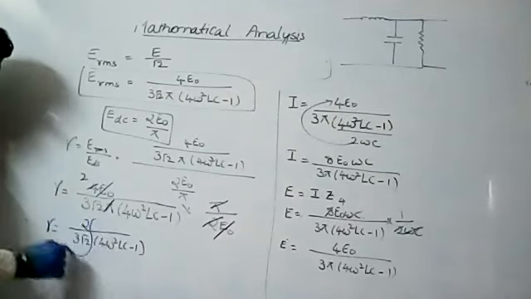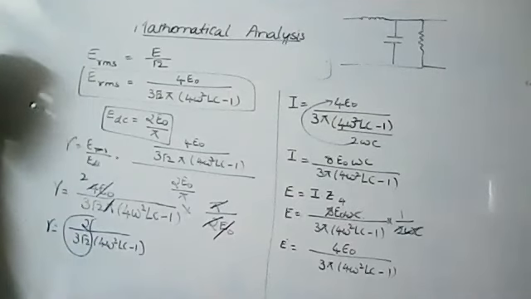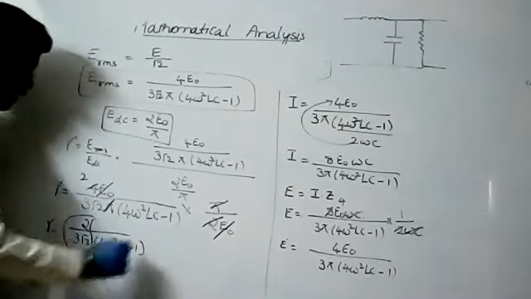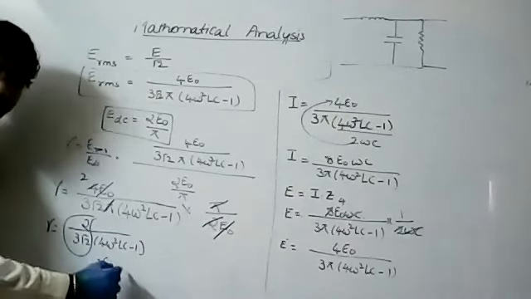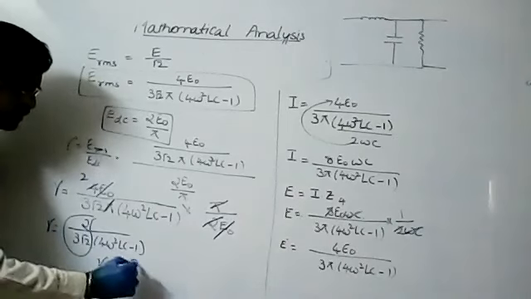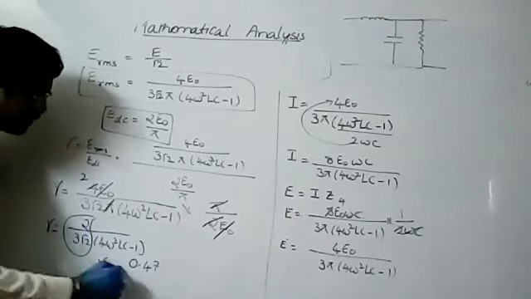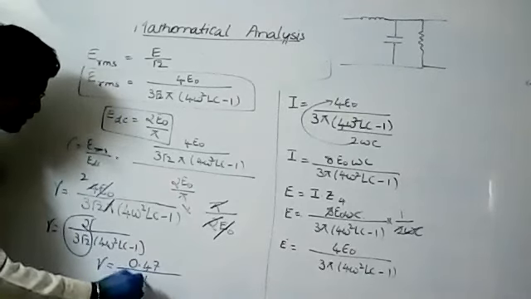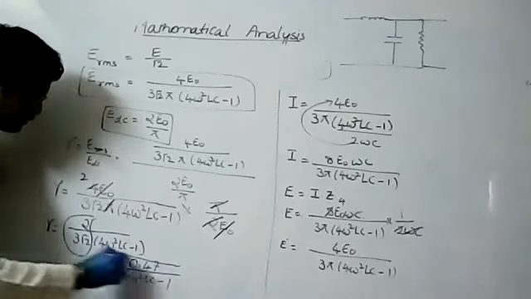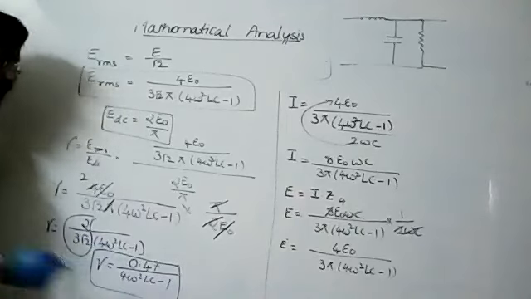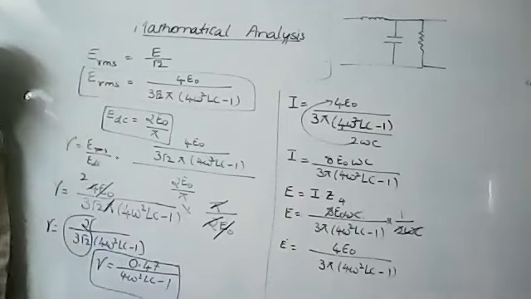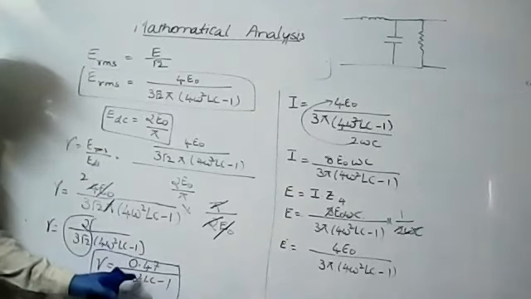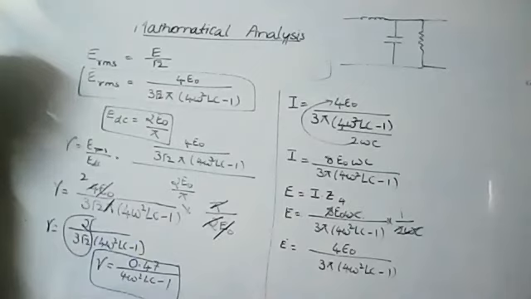Now if you calculate that value, 2 by 3 root 2, I will get it as 0.47 divided by 4 omega square LC minus 1. So I will get the final value of ripple factor as 0.47 by 4 omega square LC minus 1.